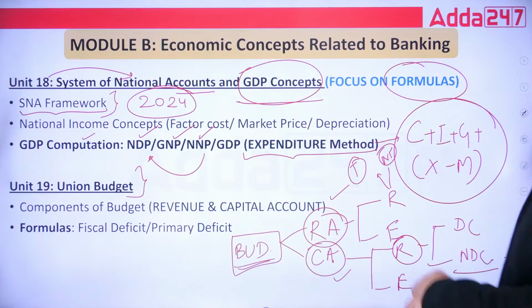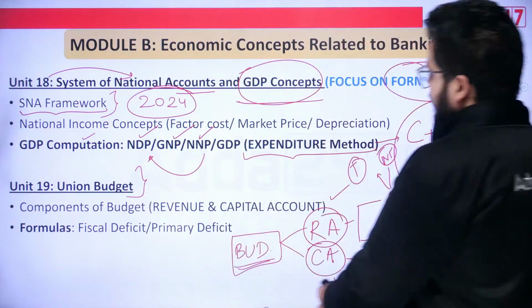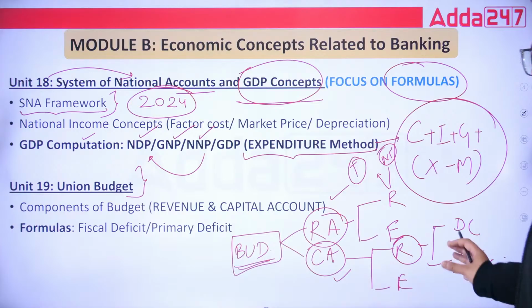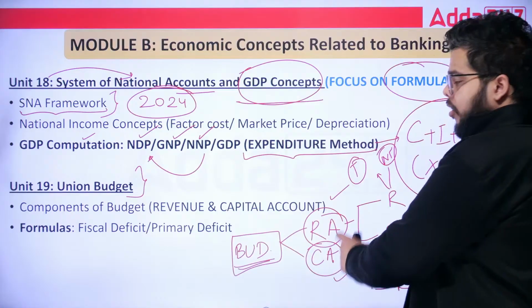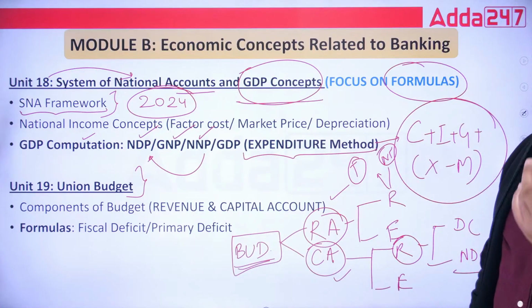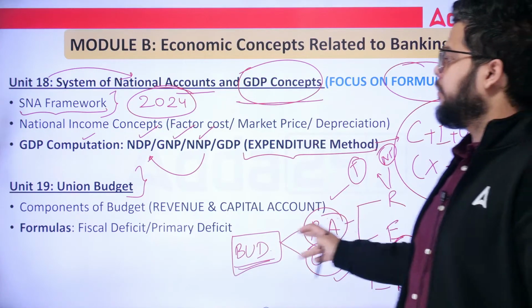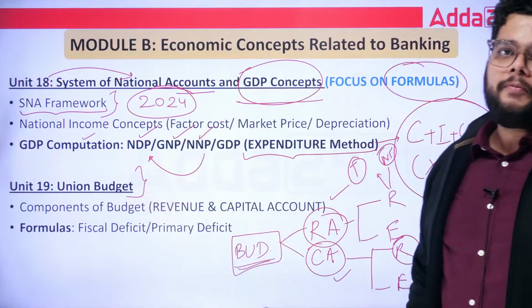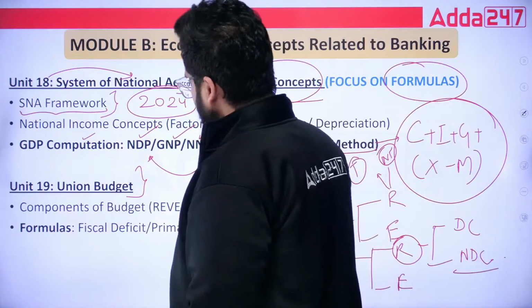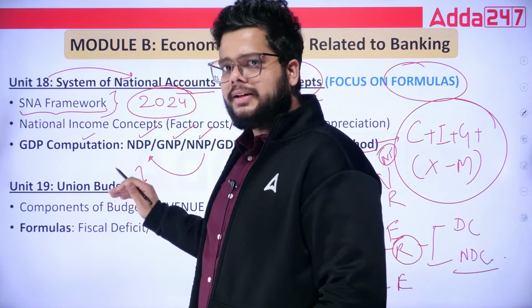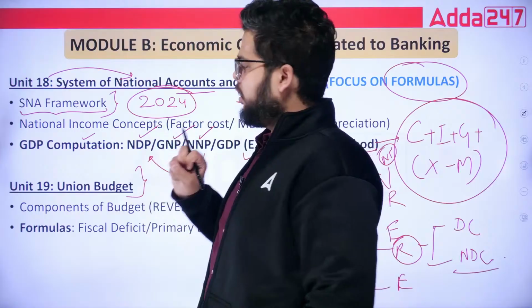But whether you will be able to understand this complicated structure or not, whether you are able to decipher the specific component present in the revenue account or capital account or not, that will determine the questions which you will be able to answer in the actual examination, because it is somewhat a conceptual unit.